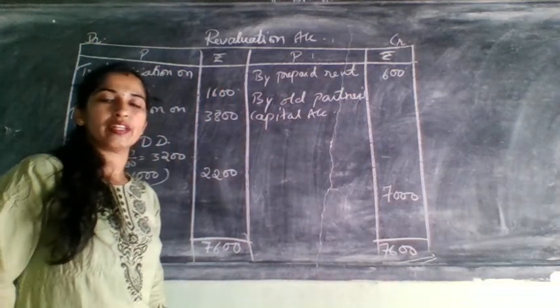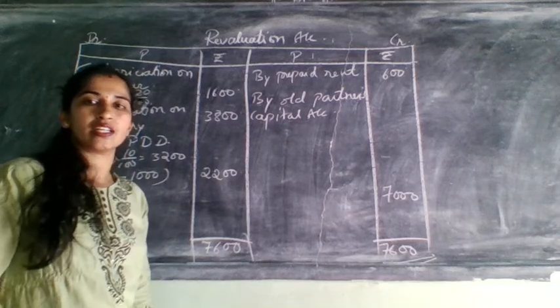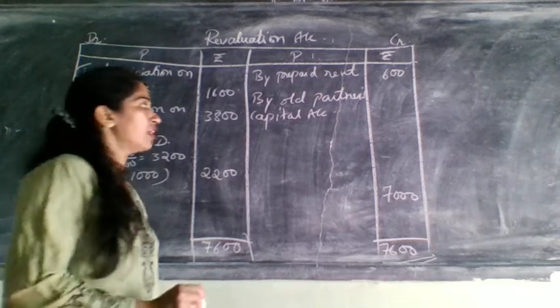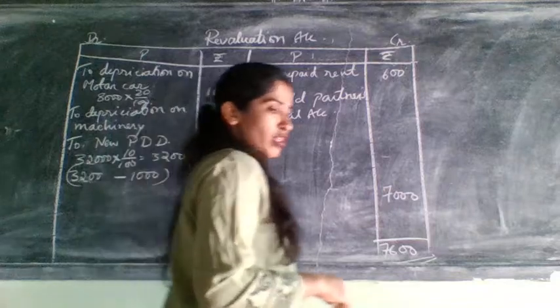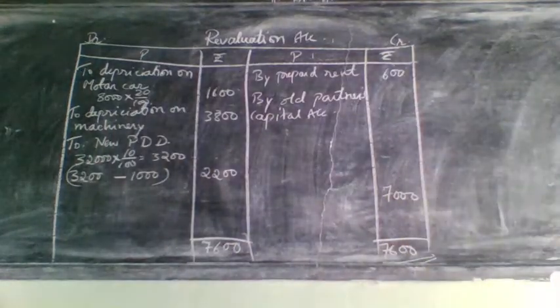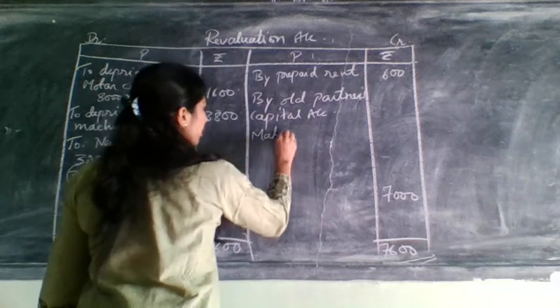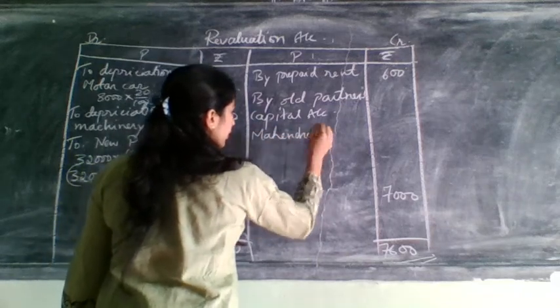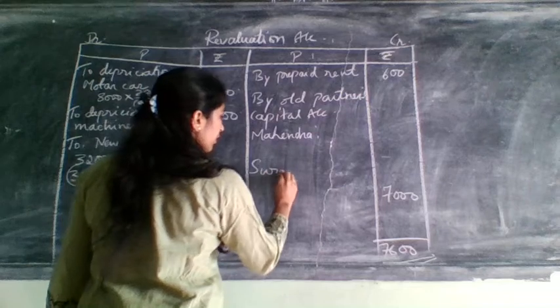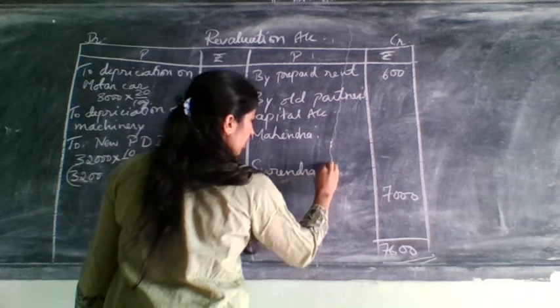So here they have not given you what? A ratio. When they have not given the ratio, need to consider them as equal partners. So what are the names of old partners? Mahendra and Surendra. So what you need to do?